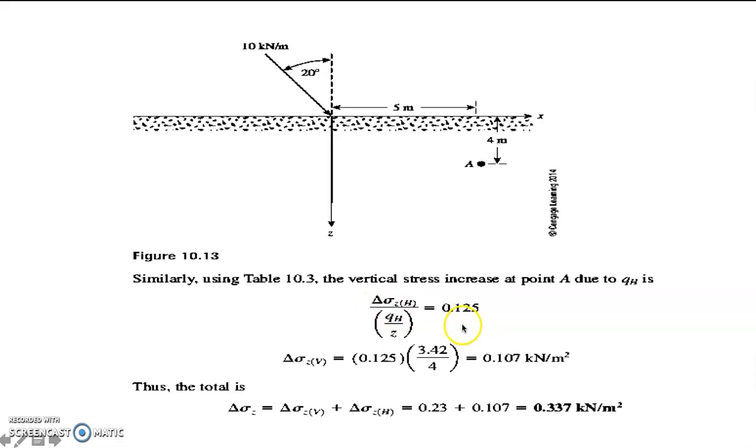And you cross multiply, you have now your vertical stress caused by the horizontal line load, which is 0.107 kilonewton per meter squared. Then you try to get now the total vertical increase at point A due to the horizontal line load and the vertical line load. So you simply sum up 0.23 and 0.107, it gives us 0.337 kilonewton per meter.